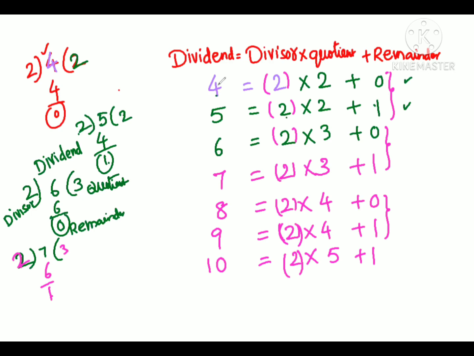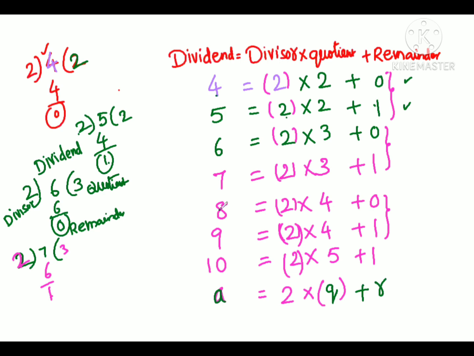If we take any number a, and the divisor 2, we will get some quotient q and a remainder r. If we know a, we can decide q, and r is 0 or 1, less than 2.